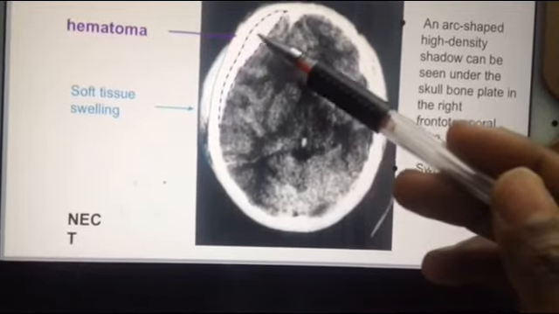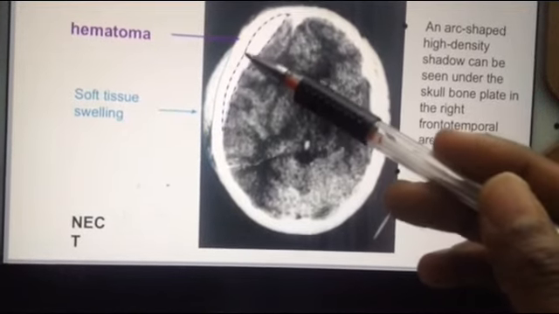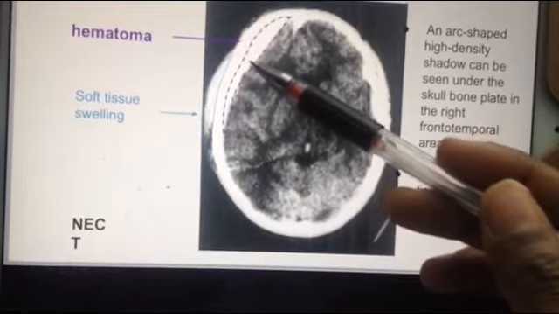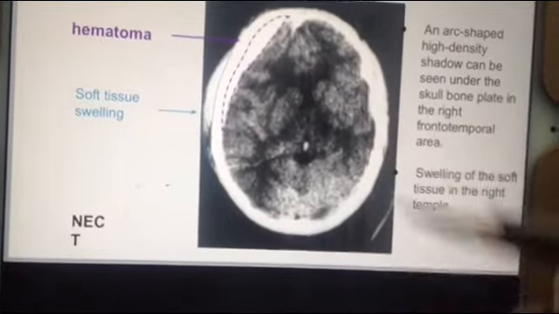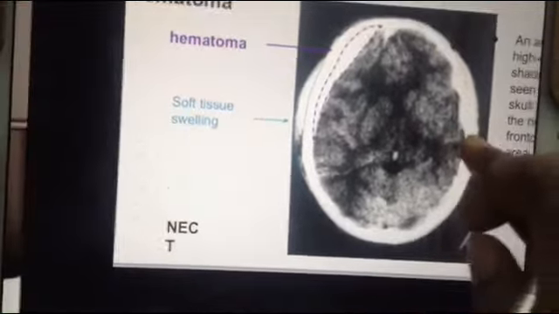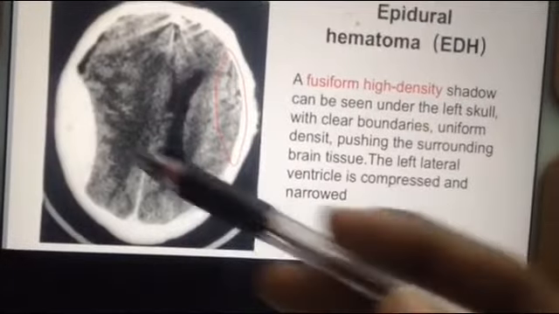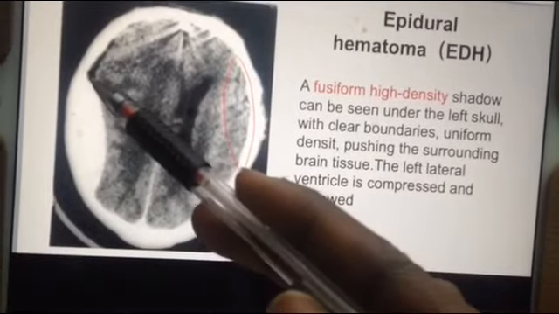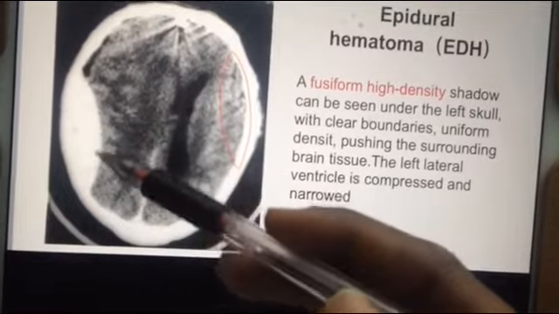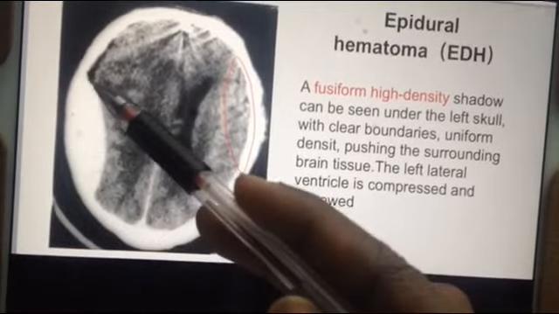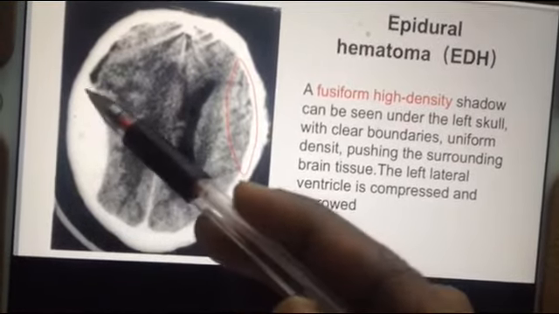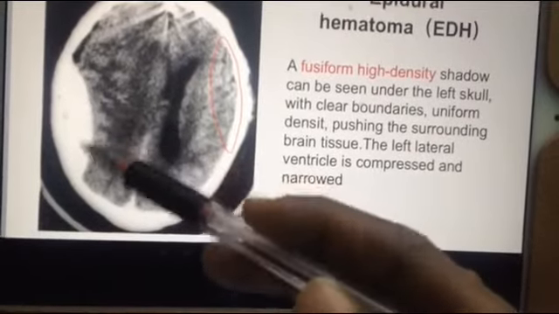Nothing will limit it. If there were a suture, definitely the blood would remain localized here, for example, as in the case of epidural. See, the suture can limit the movement of the blood or of the hematoma. So that's why the blood collects only in this area, leading to a biconvex shape, right?